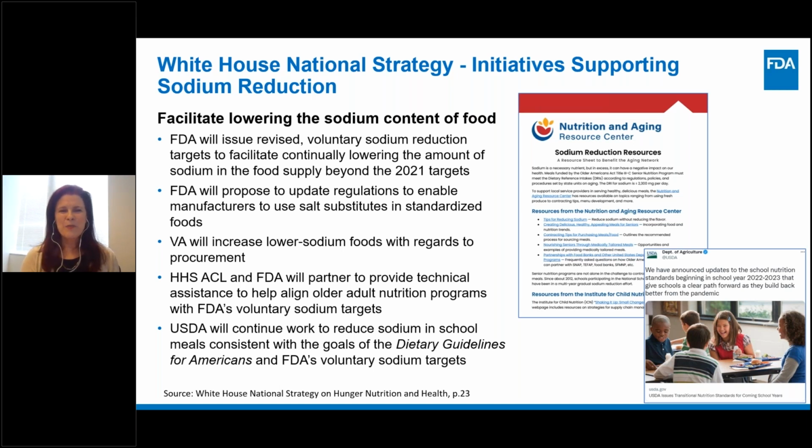And you saw that in the bridge rule, or what was called the transition rule, issued in '22 for limiting sodium in school meals, and also in the proposed rule for longer term sodium reduction or limits within school meals as well. So there's a number of initiatives within the national strategy, and it also highlights how FDA's activities are supporting the activities of other agencies as well.